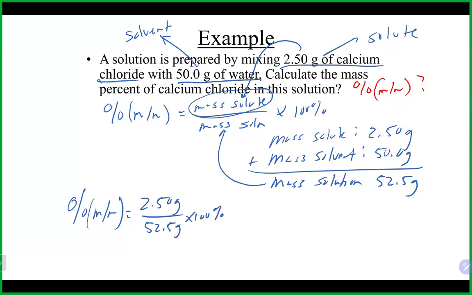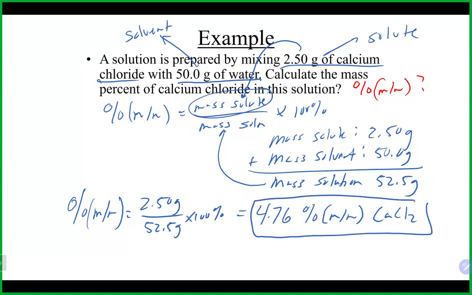The grams cancel out, leaving us with just a percentage, and that percentage is 4.76. You can leave it as percent m/m. You could also put in there a little calcium chloride solution.